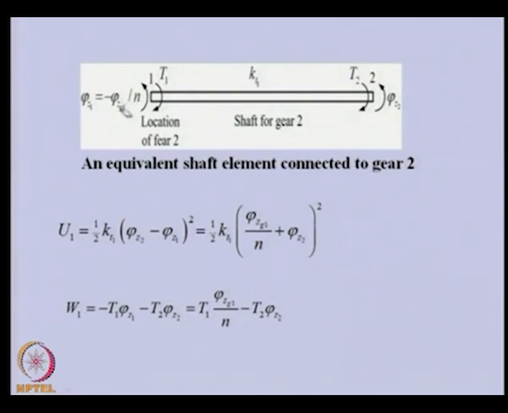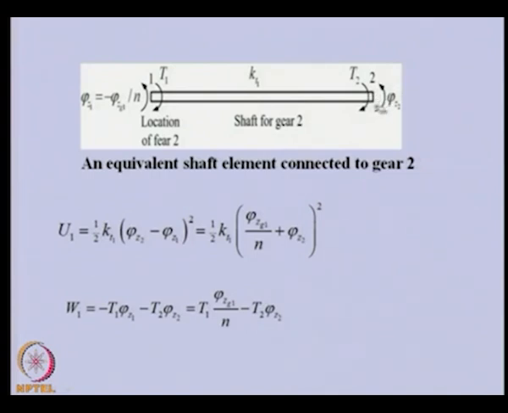So, you can see that now the angular displacement in the second shaft, where gear 2 is there, we will be representing by the angular displacement corresponding to gear 1, and here this is the angular displacement corresponding to flywheel 2. Here we are not referring to the first shaft speed.